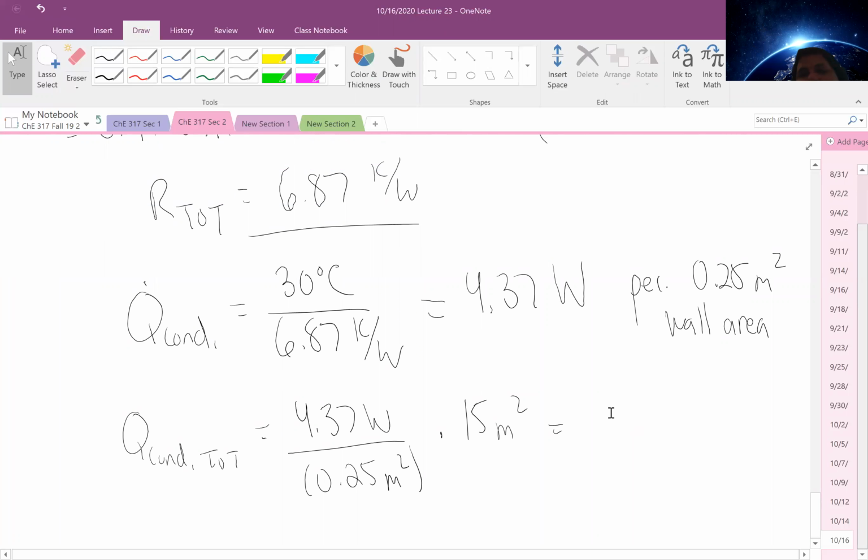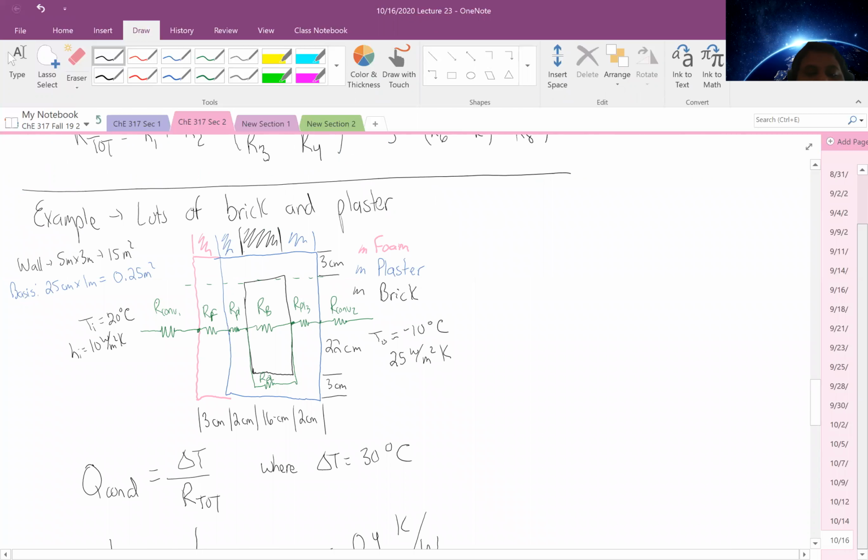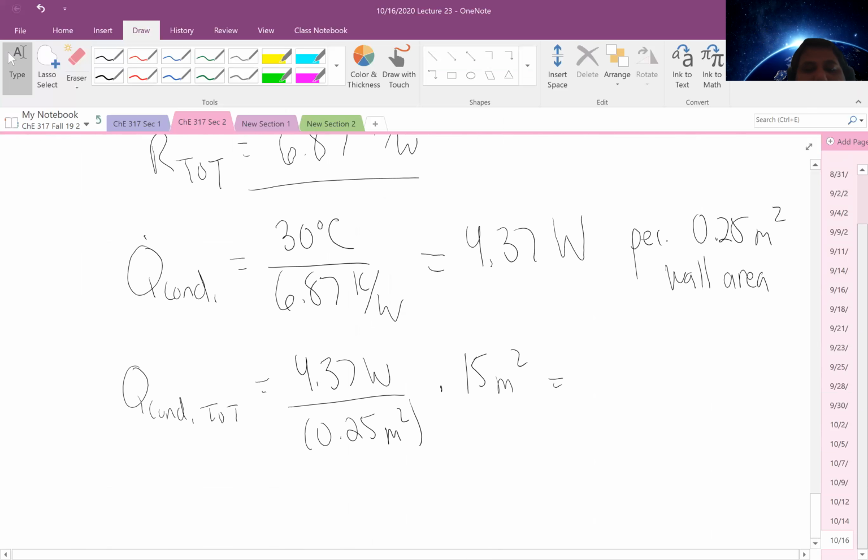In this case, we don't because it's a delta degree. Okay. And so a delta C and a delta K are the same. Because I could look at absolute temperatures here, between 20 and negative 10 degrees Celsius, but I'd just be adding 273 on both sides, so they would cancel out. But it's a good question. So if I correct for the area, I get a value of approximately 262 watts.